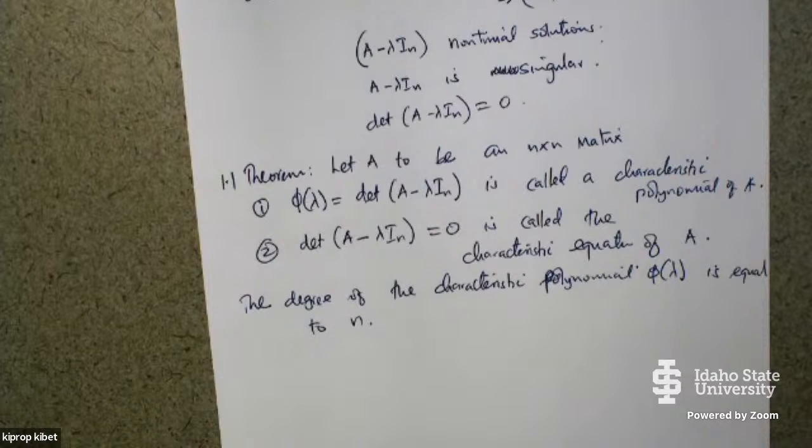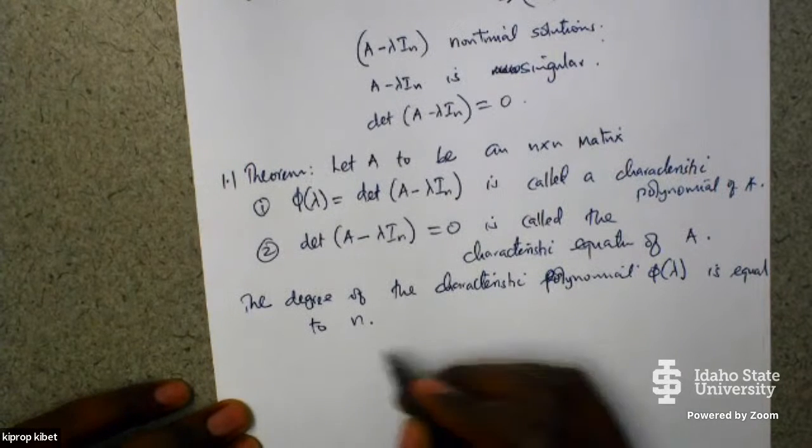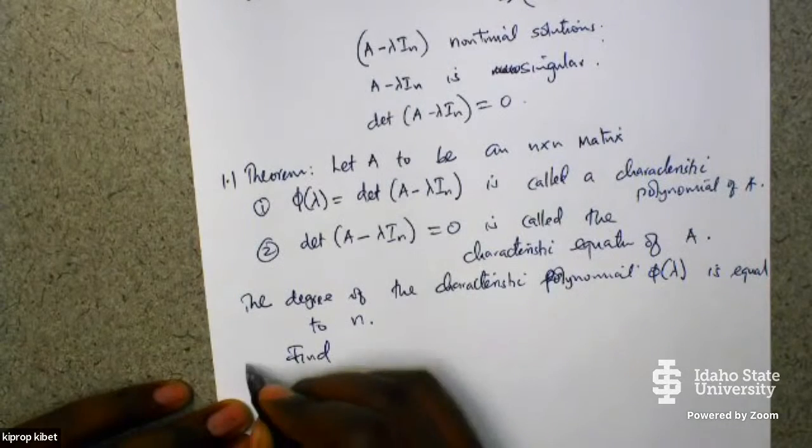So let's look at example number 1. How can we get the characteristic equation and the characteristic polynomial?